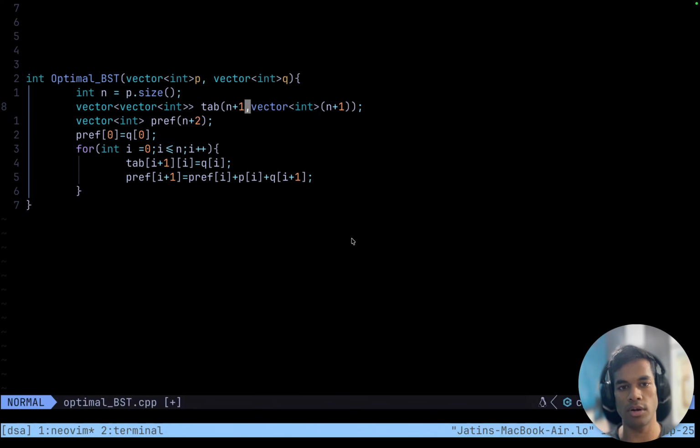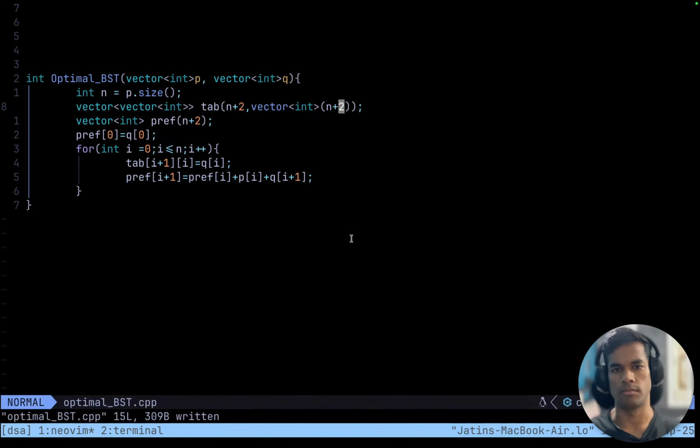And the second one can go from 1 till n. The columns can go from 1 till n plus 1. We can do plus 1 plus 1.